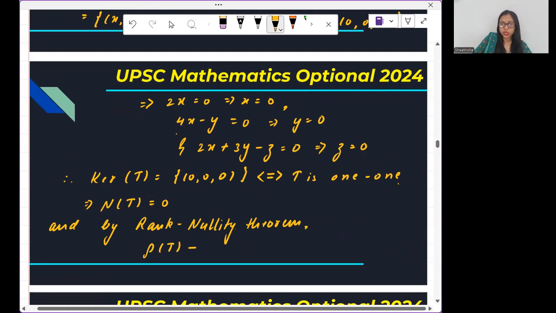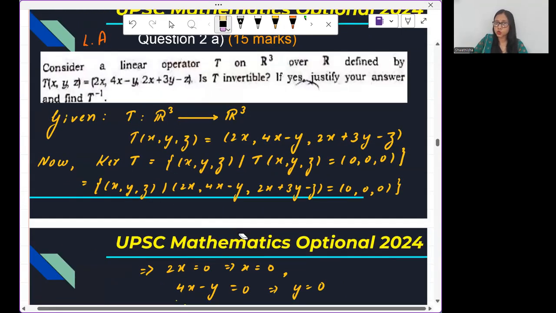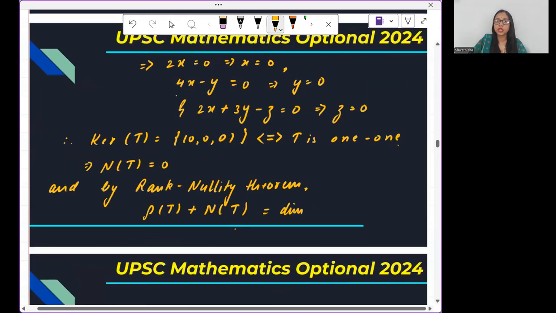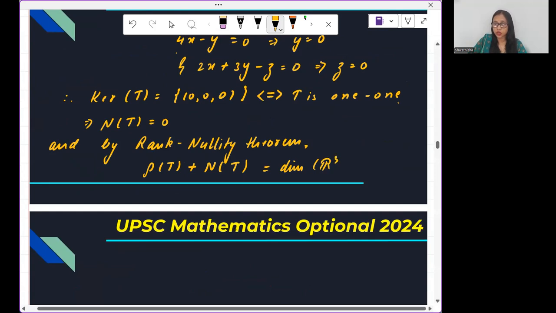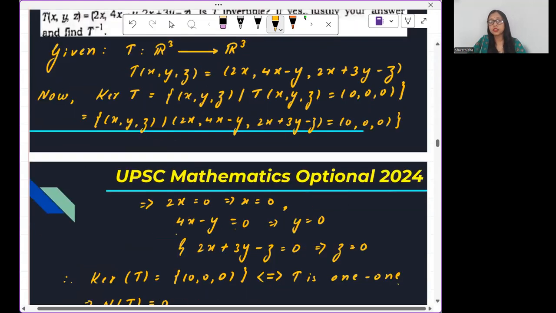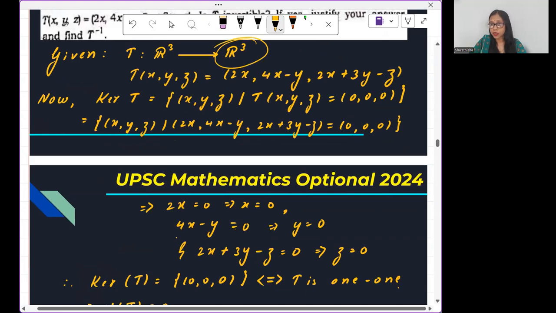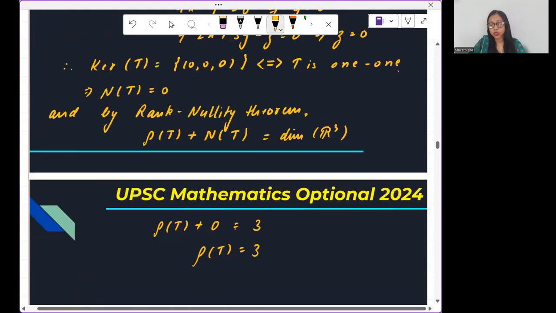by the rank-nullity theorem, rank of T plus nullity of T is the dimension of the domain vector space. Domain vector space and codomain vector space are both the same here. It is the dimension of R3. So that is rank of T plus 0 is 3. So rank of T is 3. And what is the dimension of the codomain vector space? That is R3. That is also 3.